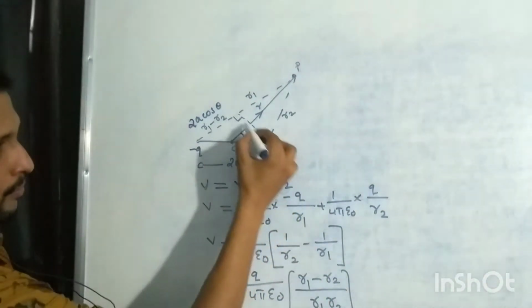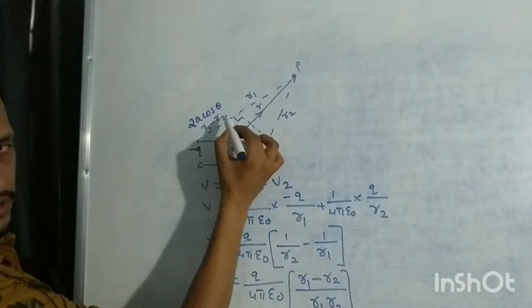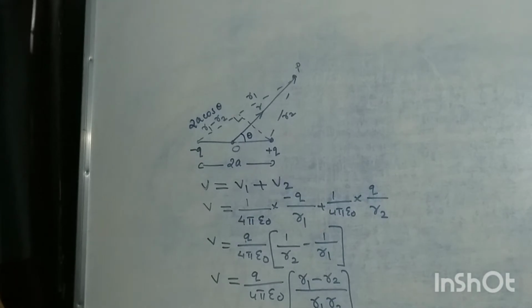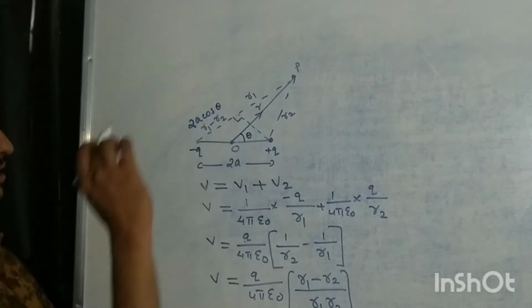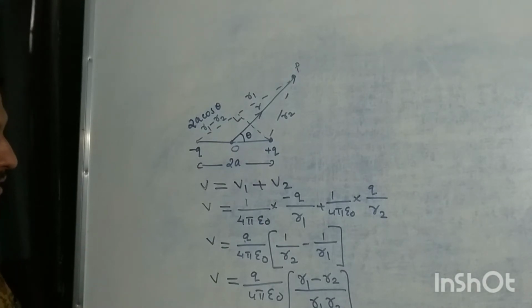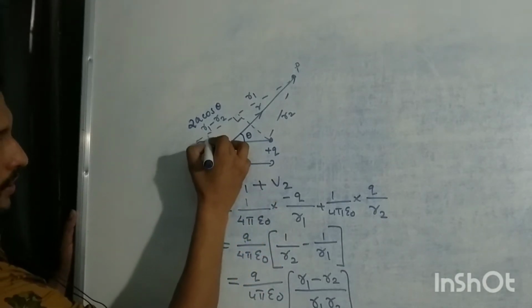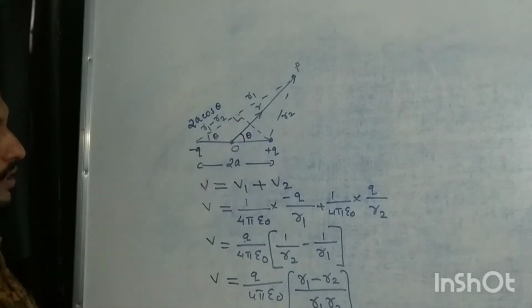And when you draw a normal here, this small distance will be r1 minus r2. Here the angle is theta, and here also the angle is theta.